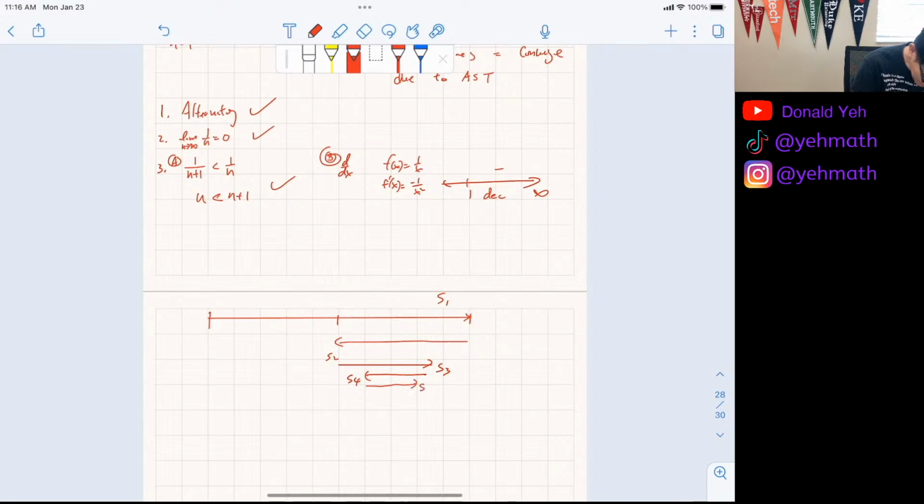So S5. And 1/6 is going to be here. Eventually it's going back and forth, back and forth, and it will be confined into one small spot.